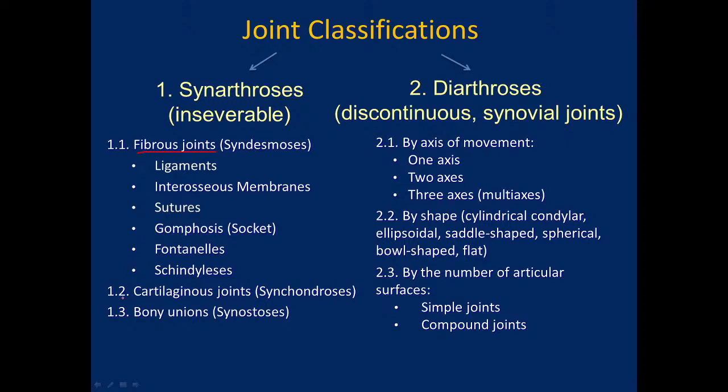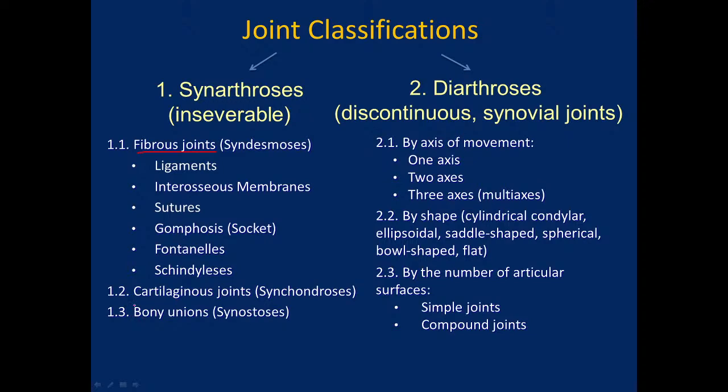And the second group in synarthrosis is made from cartilage, and we call them cartilaginous, or in other terms, synchondroses.